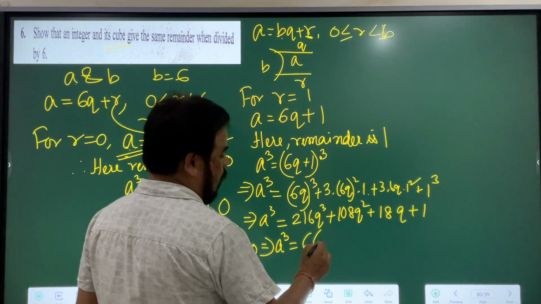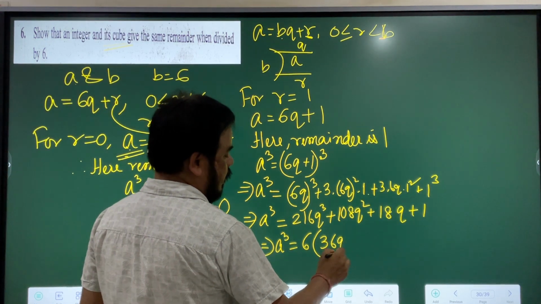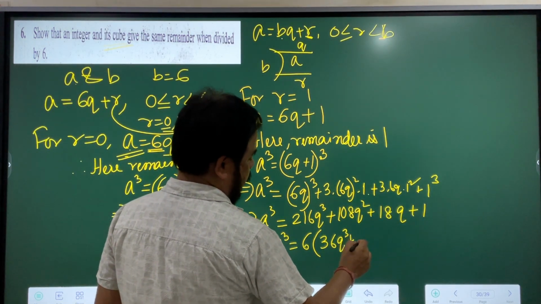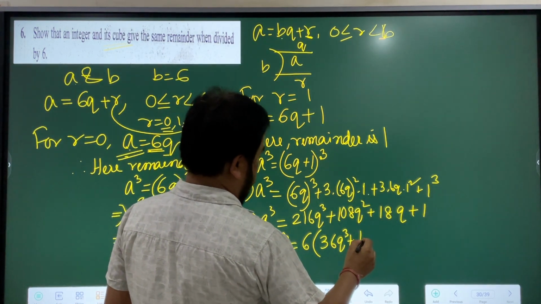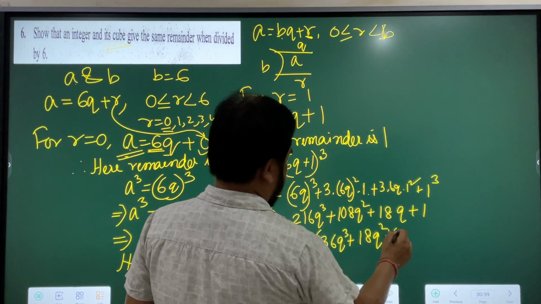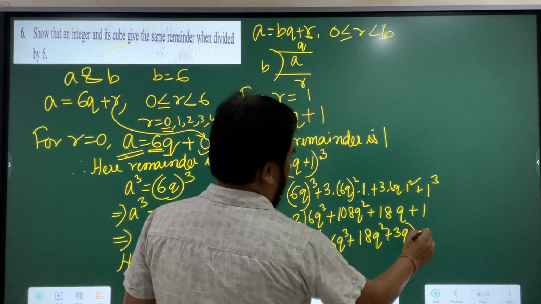6 we will take common now. 36Q cube plus 18Q square plus 3Q plus 1.